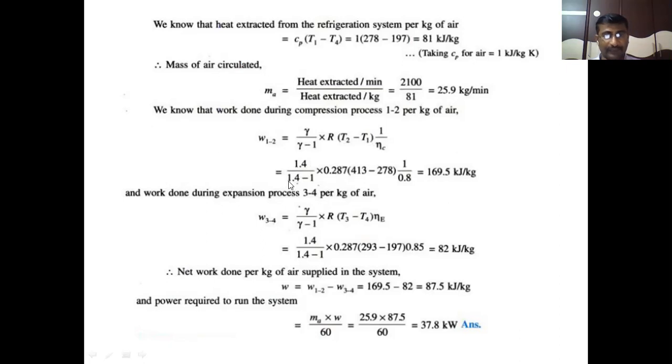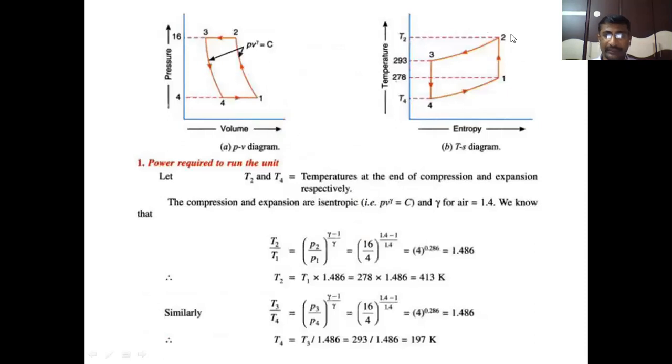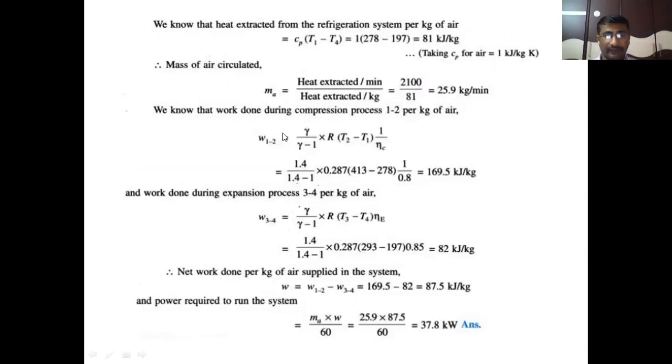So 1.4 divided by (1.4 minus 1), 0.287 is the R value in kilojoules per kg Kelvin, into (T2 minus T1), divided by 0.8, the compressor efficiency given in the problem. Then we get the actual work needed by the compressor as 169.5 kilojoules per kg. In this problem we are not taking the actual process for temperatures, but while calculating the work we take the actual process.